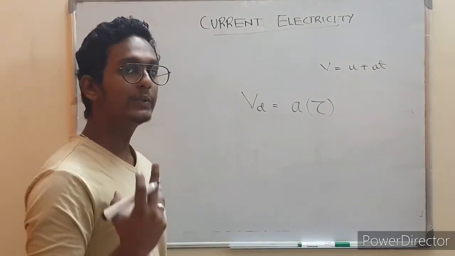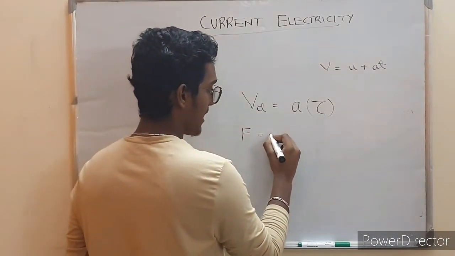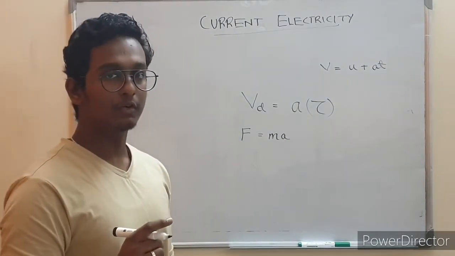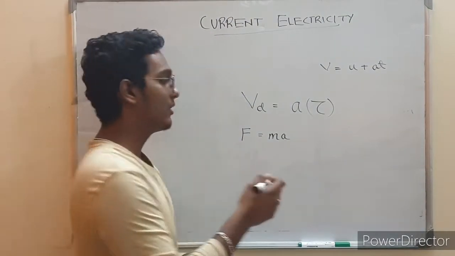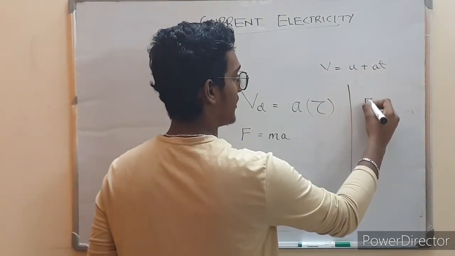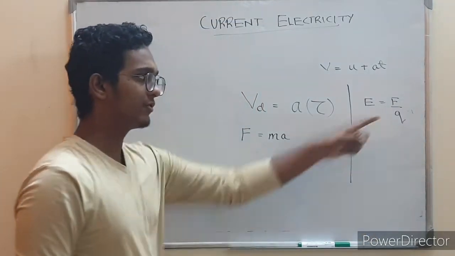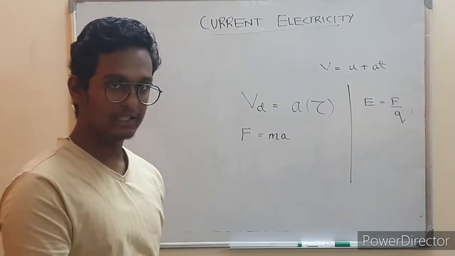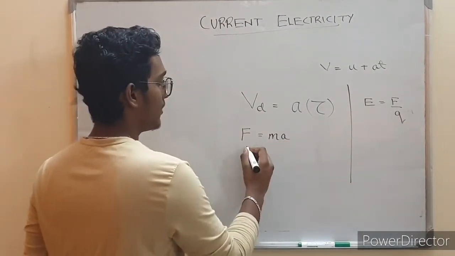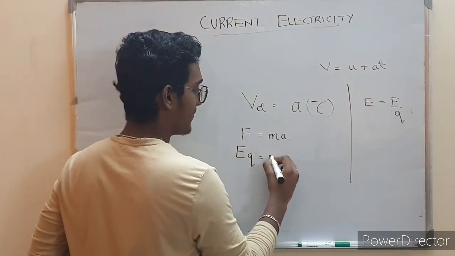Using F is equal to ma. So we have that the force equals m times a. But we have another equation of force, which is QE, from the equation electric field equals force divided by charge. From this we have an equation for the force that the electron experiences due to the field, which is E times Q. So I'm going to replace F as E times Q equals ma.